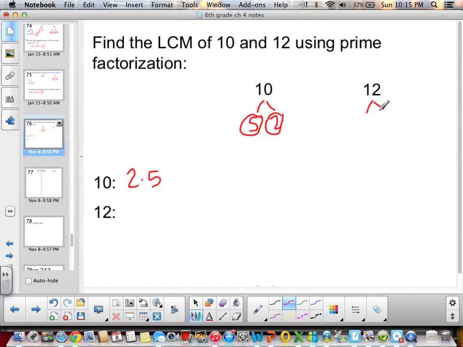And then 12 is, well, I know that 3 times 4 equals 12. 3 is prime, 4 is not, so we keep going: 2 times 2. So we have 2 squared times 3.